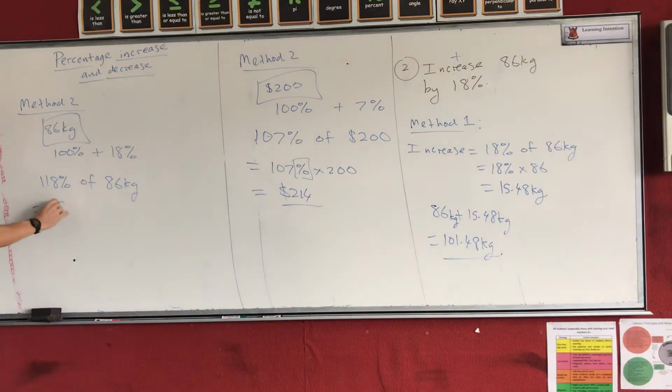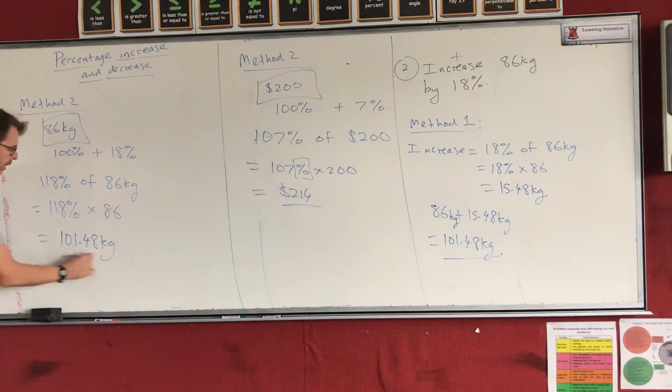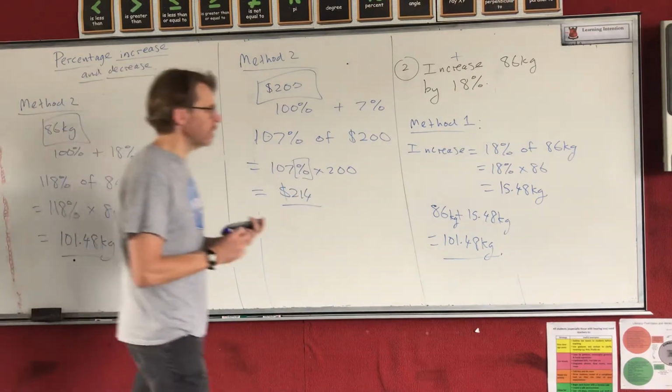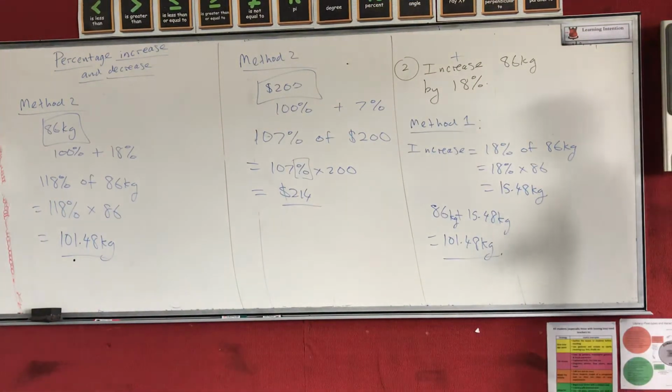On your calculator, 118%, multiply, and then 86. Let's try that: 118% times 86 gives 101.48 kilograms, the same answer as before. Either method is fine, it's up to you. Make sure you copy all that down into your book as part of your notes.